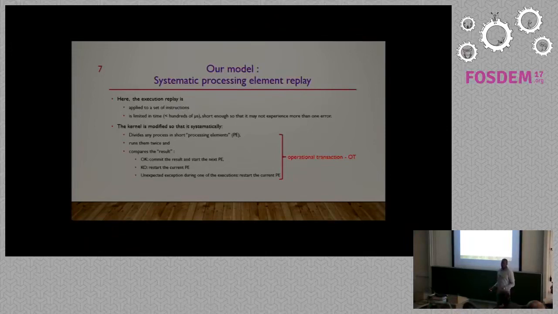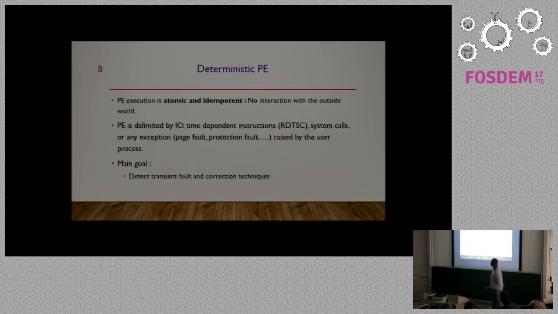That is the set of operations that have to be done or neglected. If it is not okay, we have to restart the entire operational transaction. For all of this to hold, the processing element must be atomic and idempotent.